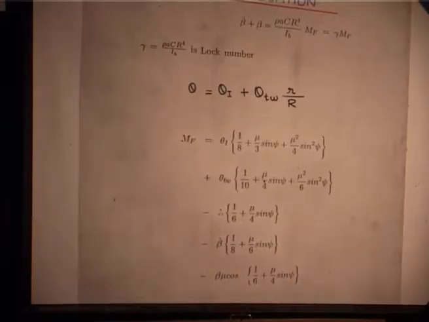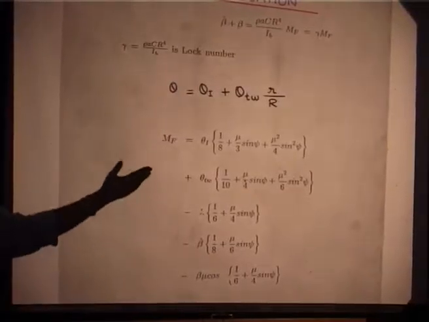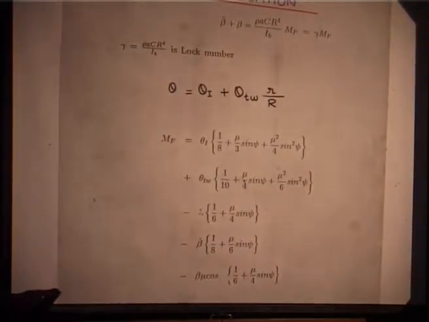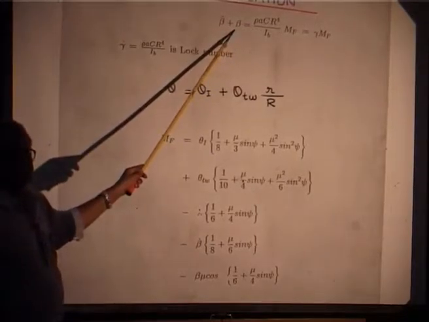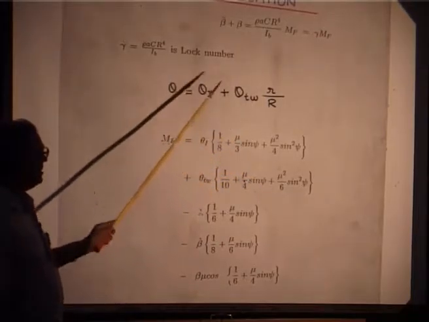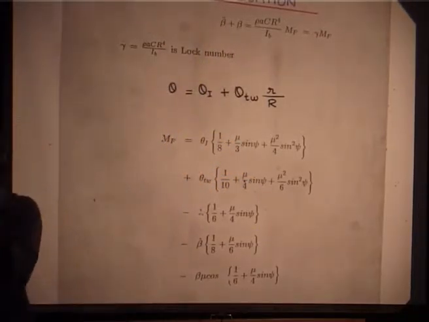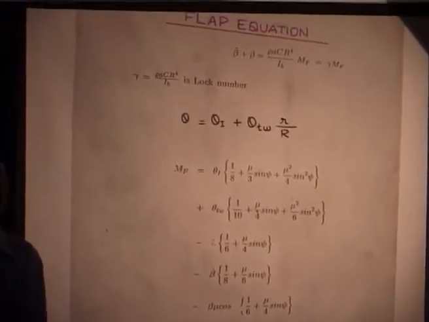But in hover, with no external force, you ask what is the flap frequency. That means mu is 0 and you will have 1. So your input frequency is also 1 in hover, but in forward flight you will have all the harmonics, please understand.